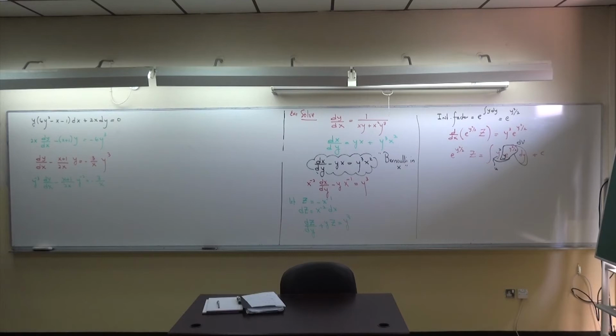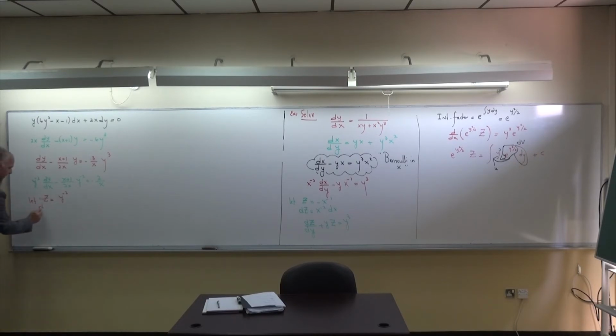And as we usually do for these problems, we can let z equals y to the minus 2, or if you like, minus 1 over 2 times y to the minus 2. It doesn't matter, the constant in front doesn't matter. This is the function.